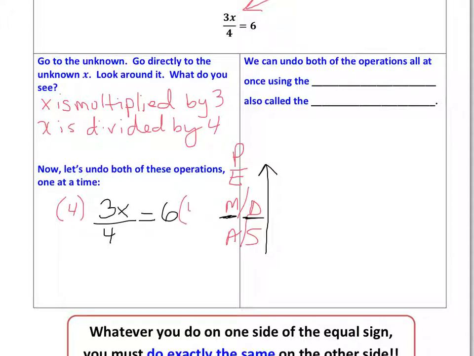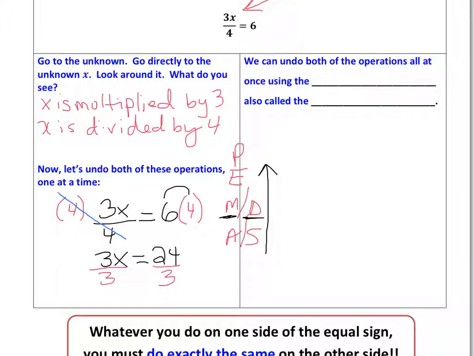And whatever we do on one side, we have to do on the other. So the 4 divided by 4 reduces to 1, therefore cancels. And we have 3x over on this side and 24. 6 times 4 is 24. Now we're going to undo the multiplication with division.